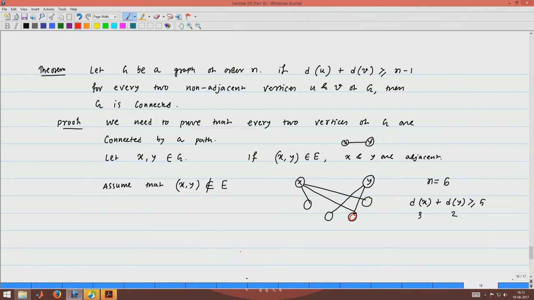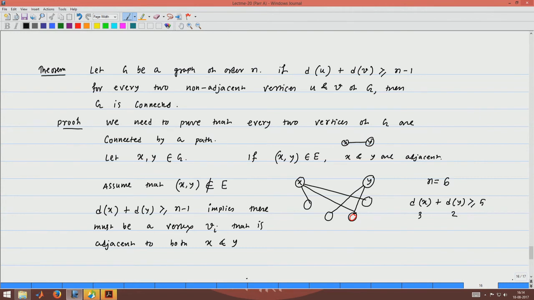Okay. Now, what we claim is that the degree of x plus the degree of y greater than or equal to n minus 1 implies there must be a vertex, in general Vi, that is adjacent to both x and y.